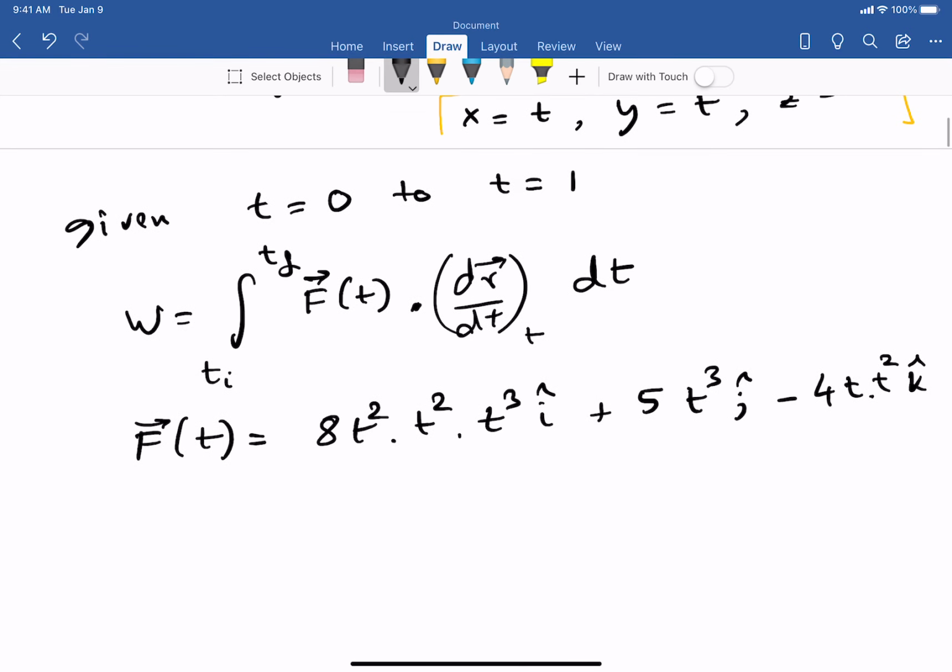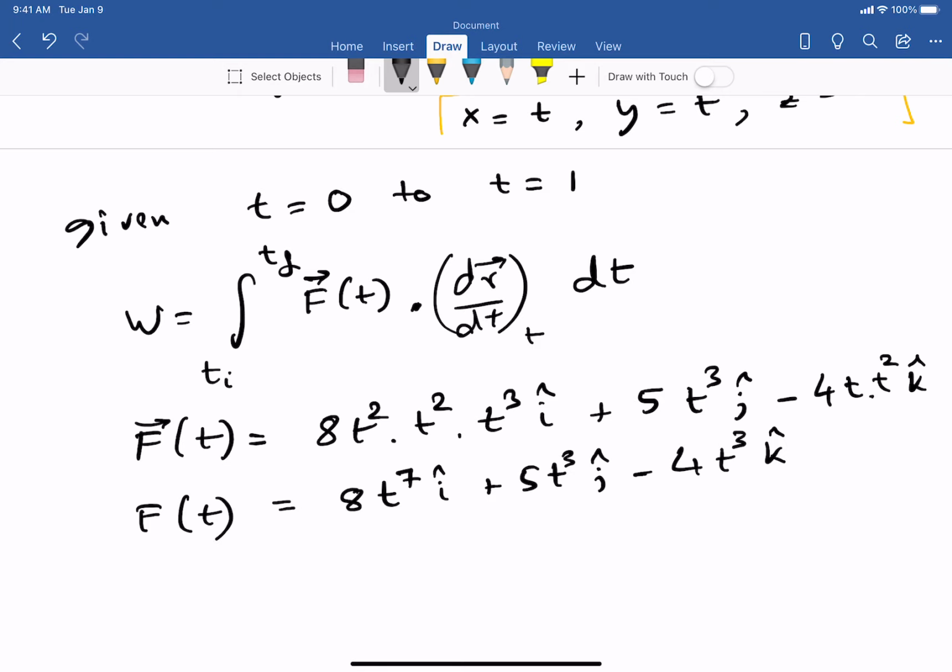Alright, so this gives you 8 t to the power of 7 i hat plus 5 t cubed j hat minus 4 t cubed k hat. Okay, if I did that correctly, I think that's correct. So that's F evaluated at t. Let's find dr dt. There's nothing new about that.